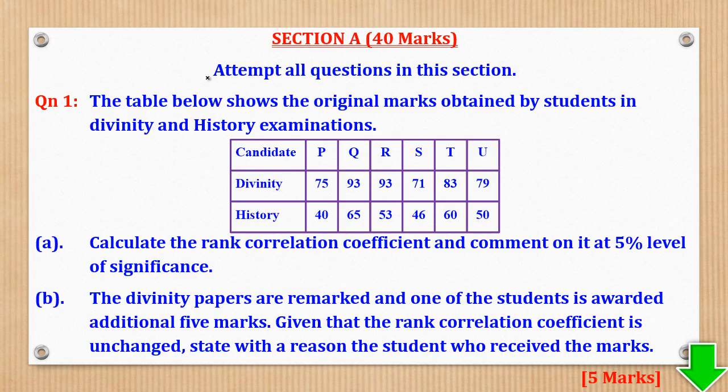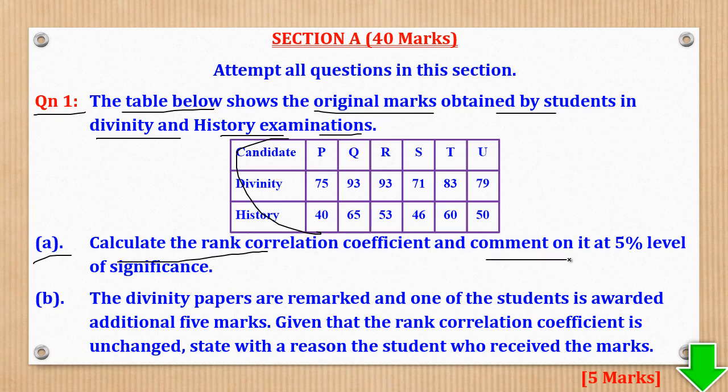Okay, now we shall start with section A. Question 1 says the table below shows the original marks obtained by students in divinity and history examinations. Part A: calculate the rank correlation coefficient and comment on it at 5% level of significance.